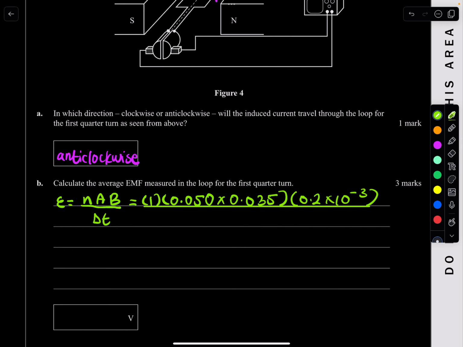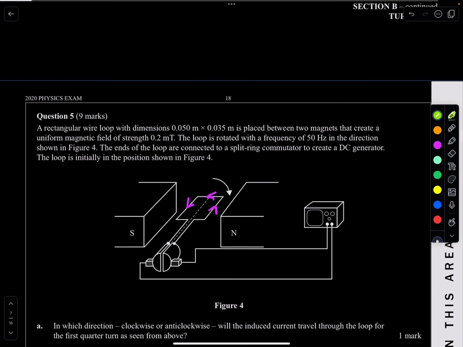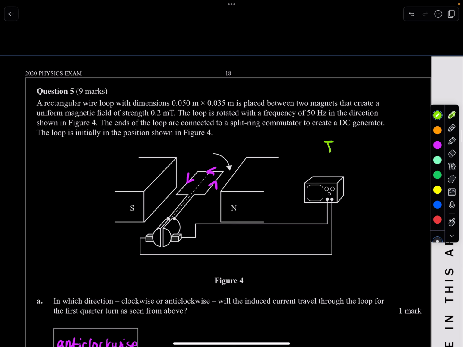But be careful, how do we get the time? We're given the frequency, and this will help us get the time, because to get the period, it's just 1 over frequency. So 1 over 50 is 0.02 seconds.